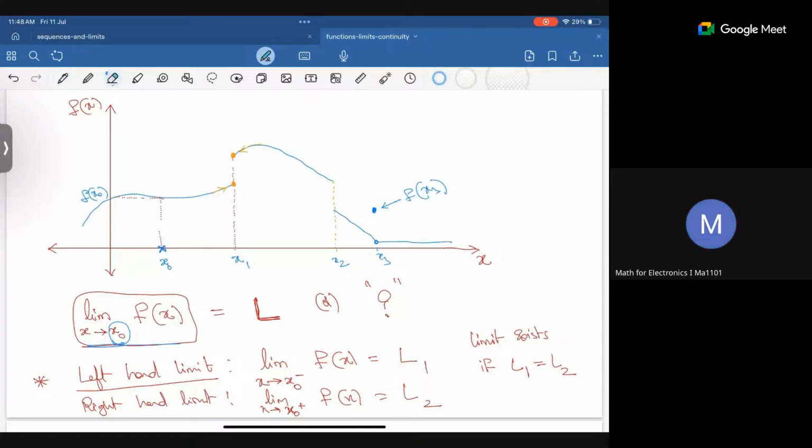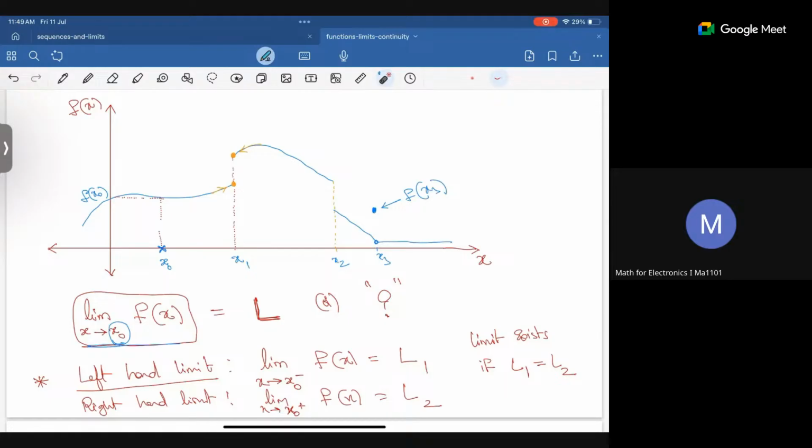All right. So we see cases where the limit exists and it is continuous, and cases where the limit exists but it is not continuous, and cases where both limit and continuity do not exist at all. But you should observe that we will not see any case where it is continuous but the limit does not exist.